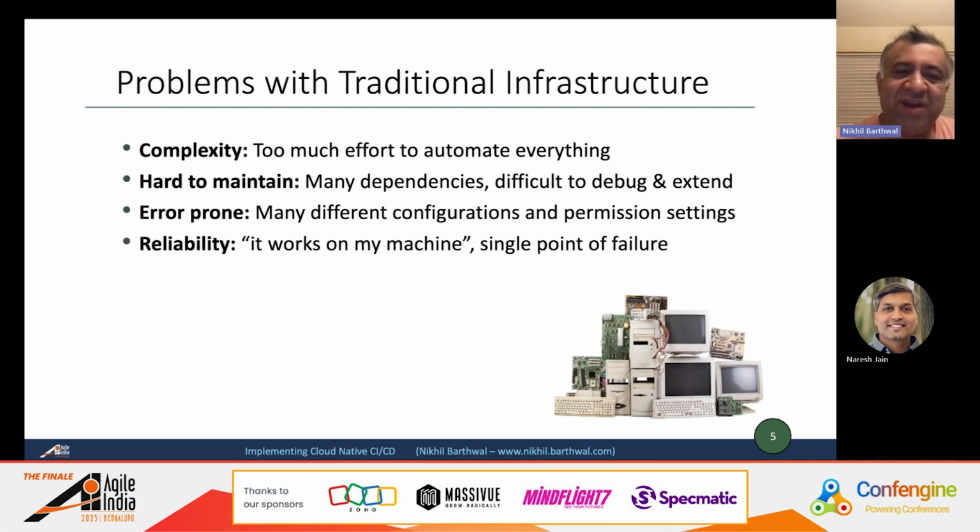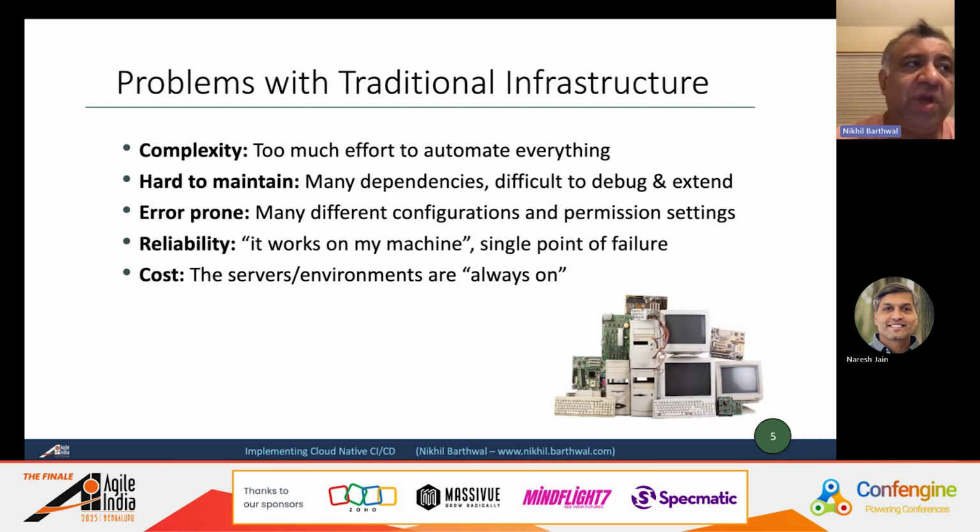So you might have reliability issues where something works on your machine, but when you deploy it to production, it actually fails. Now, containers kind of solve these problems, and we'll talk about containers later on. But prior to containers, we do have reliability issues. We also have a single point of failure, because when you're looking at the controller, if your controller fails, then you're in trouble.